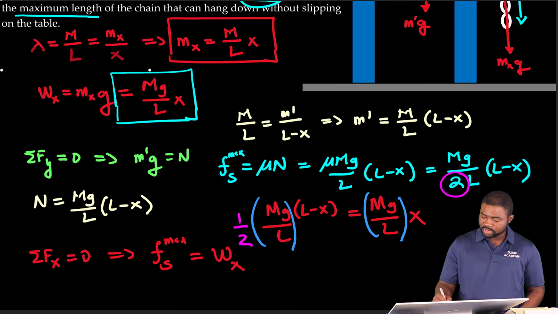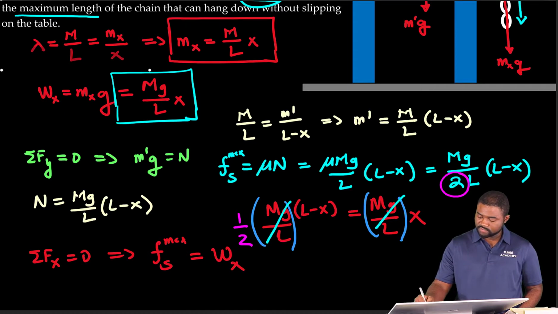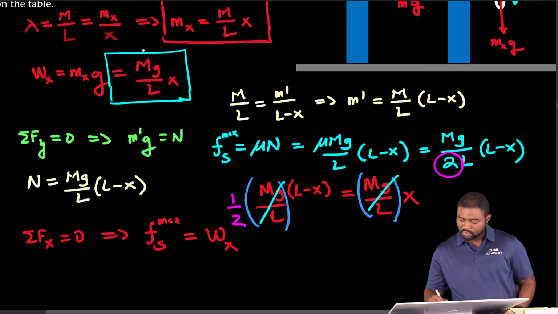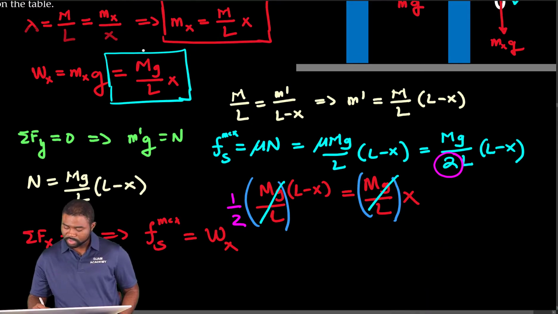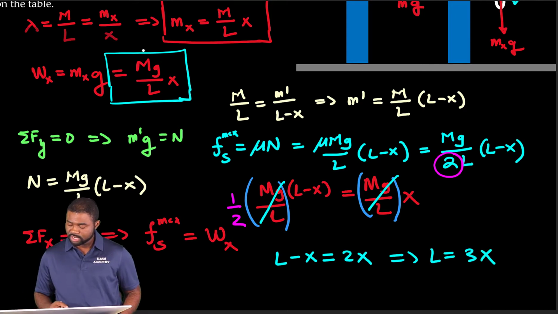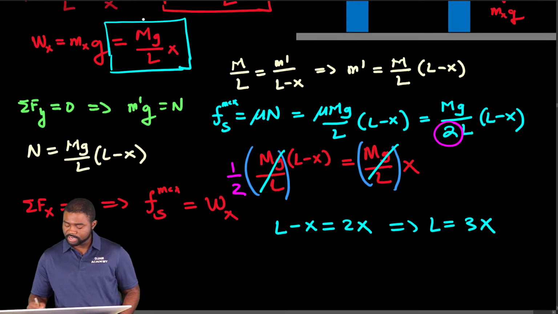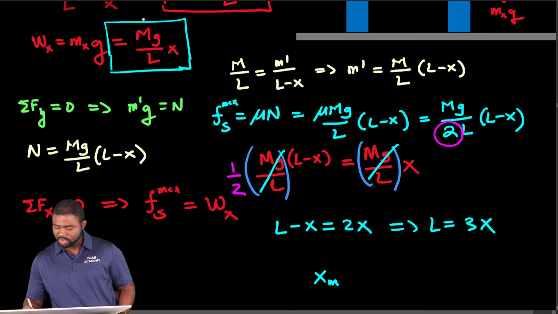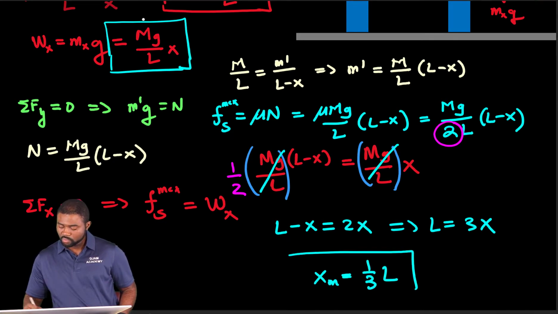That means that this takes care of this. In other words, we have L minus X equal to 2X, which implies that L is equal to 3X, and the portion of the hanging chain XM will be equal to 1/3 L.